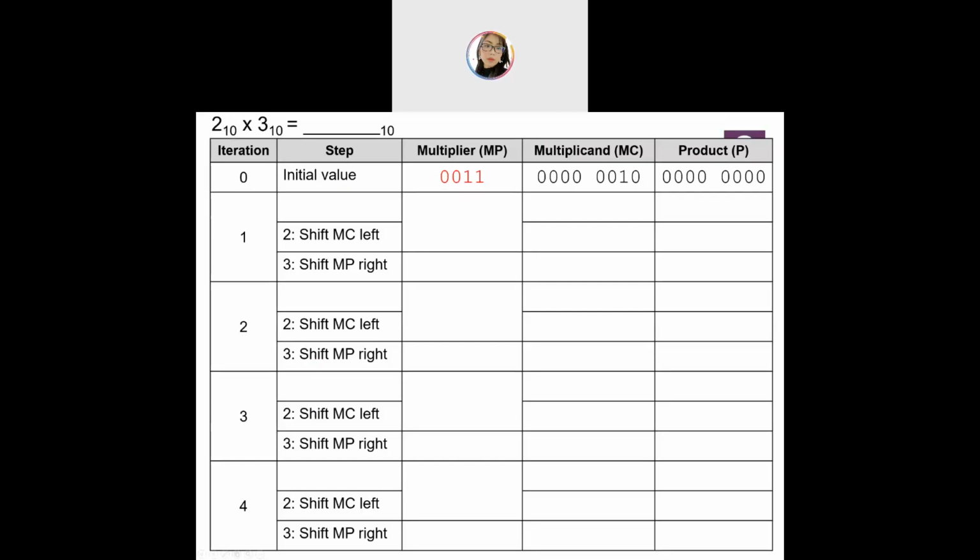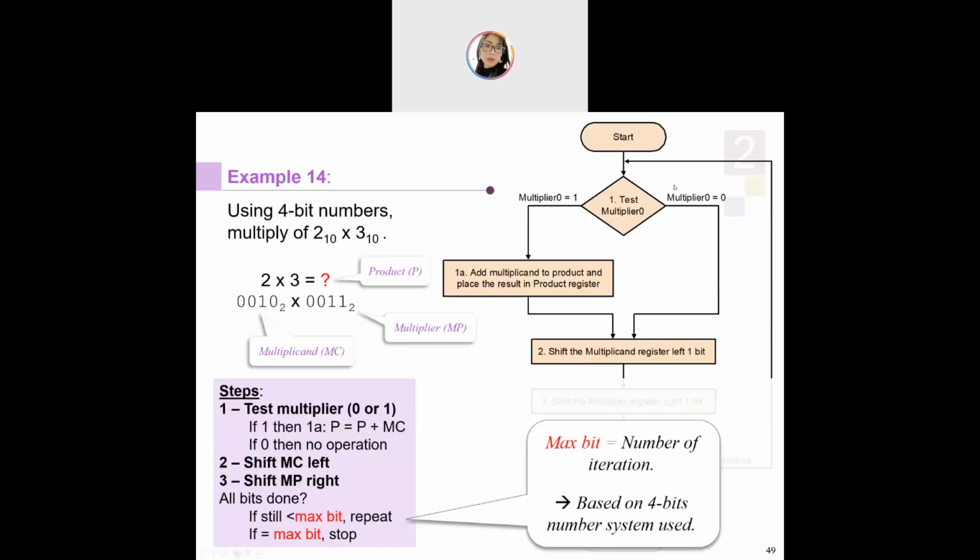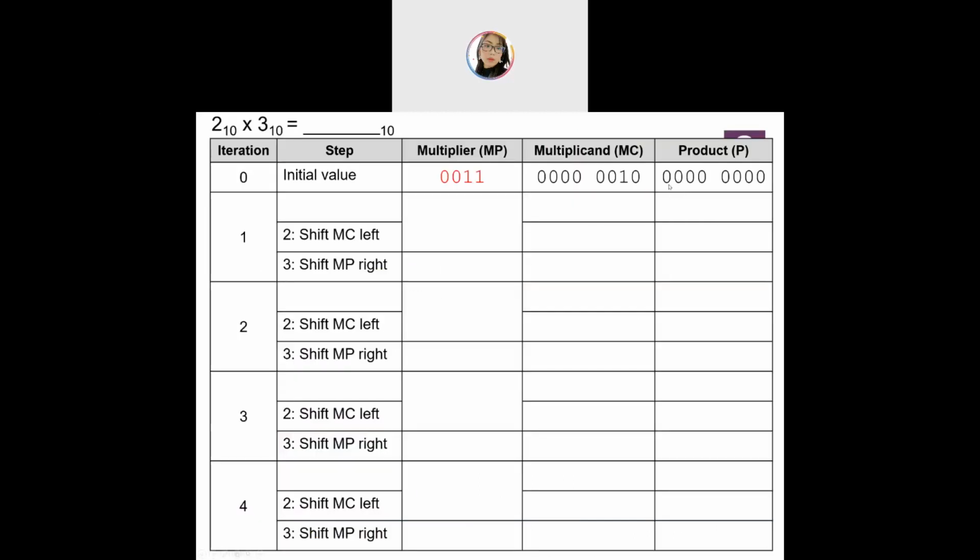If negative, it will be slightly critical because you need to change it using the second complement. I gave you an example last time in class, where you will have a slightly higher number of bits, like 1101, 1010.